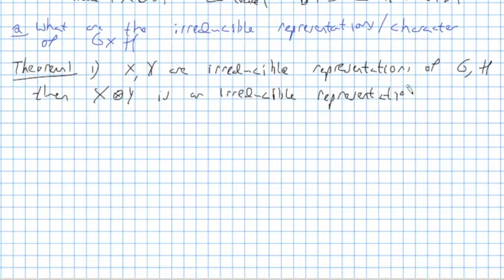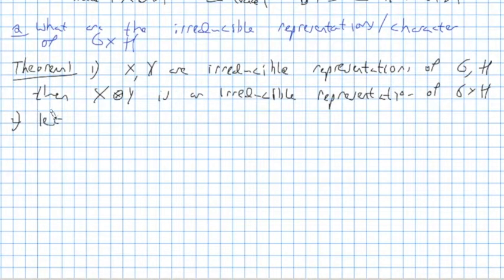Okay, and the second part of the result is that all irreducible representations of the direct product G times H come exactly from tensoring irreducible representations of G and H.